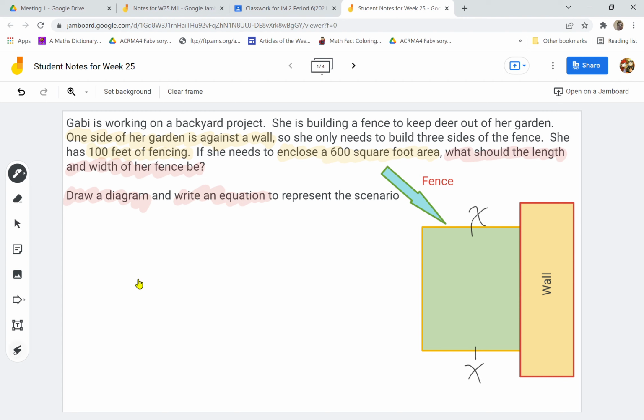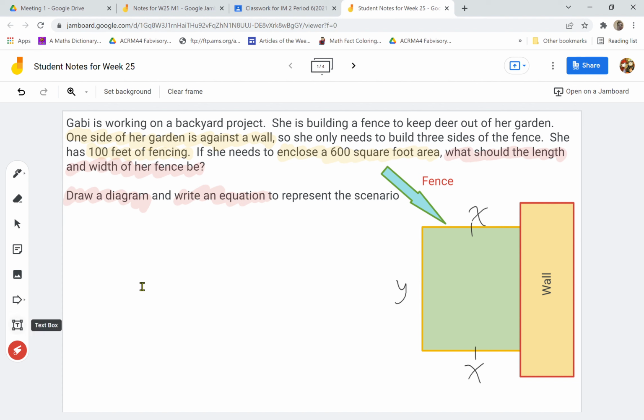Now this side over here is a little longer, and I don't know the exact measurement of that, so I'll call this y. So I know that if I add these together, I get 100 feet, which is technically the perimeter.